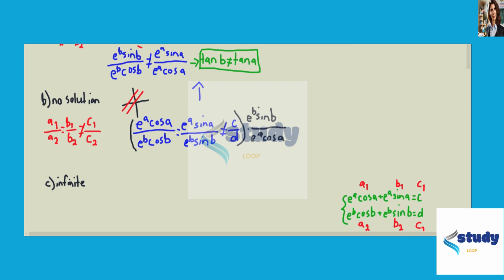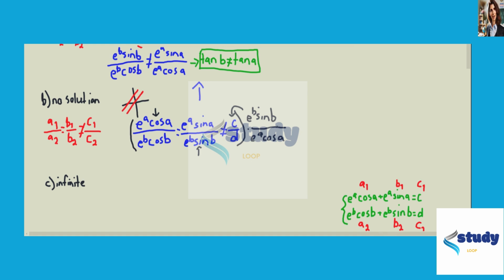And again, we're doing this so that we can have sine on the top for this side and cosine on the bottom for this side, so we can make it tangent. The only difference is that now we'll be multiplying with c and d, so we will have this e to the power of b multiplied by sine of b divided by e to the power of a multiplied by cosine of a with the c and the d, but that's okay.